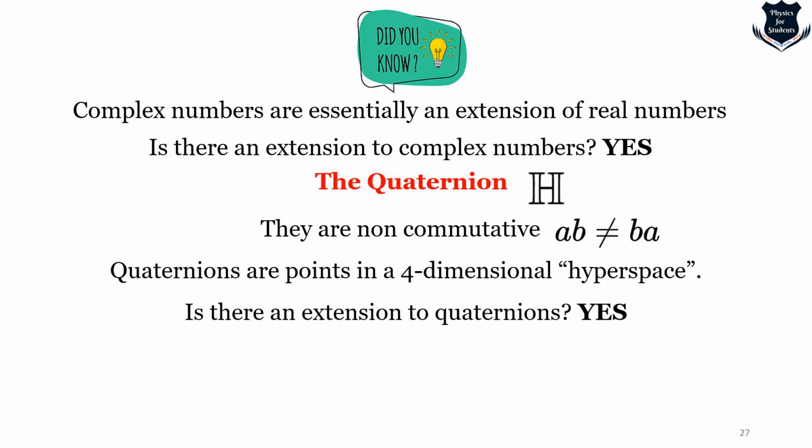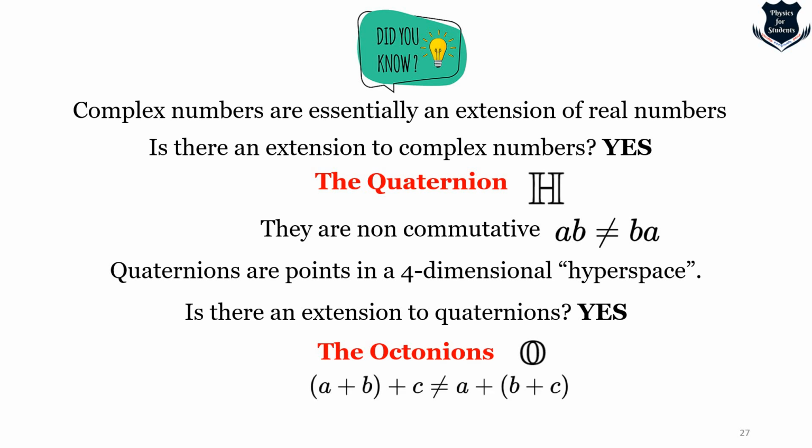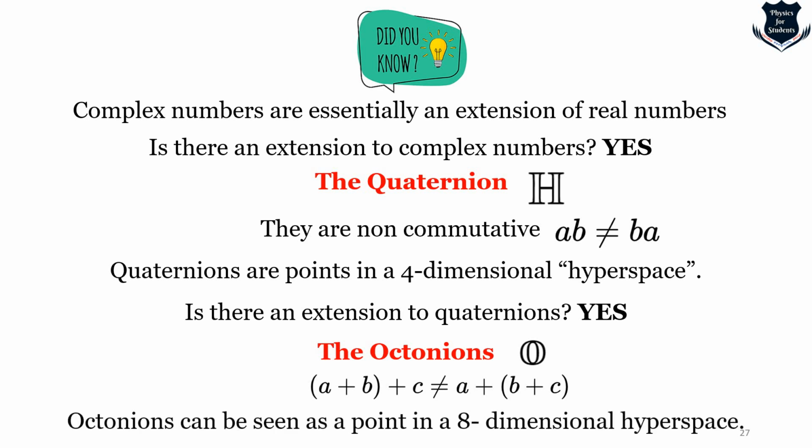Yes, they are called Octonions, represented by the capital O. Not only are Octonions non-commutative, they are also non-associative, right? So this is how it is: it is not necessarily equal. Octonions can be seen as an 8-dimensional hyperspace.